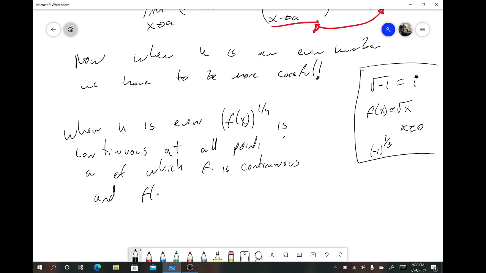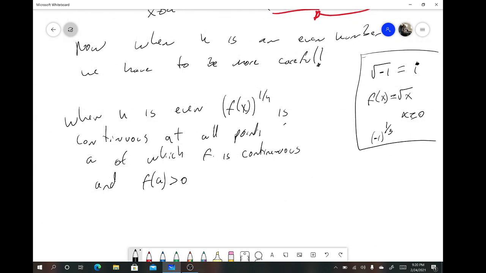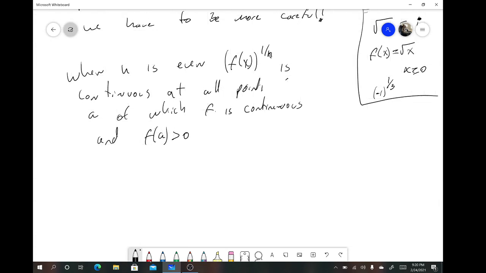And the output values of the function are all positive. So if you have an even root, then that function is going to be continuous whenever f itself is continuous and the values of the outputs are positive.